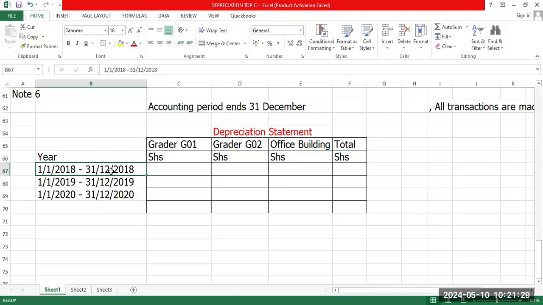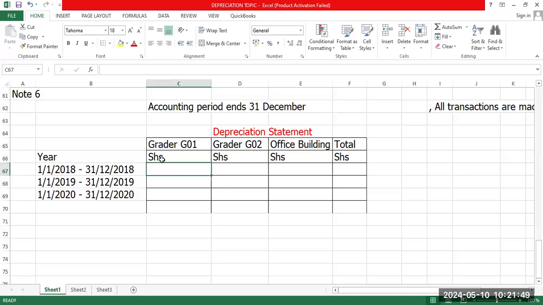Once we know the depreciation for this asset, this asset, and this asset, it will be easier for us to know the total depreciation for this year going forward.